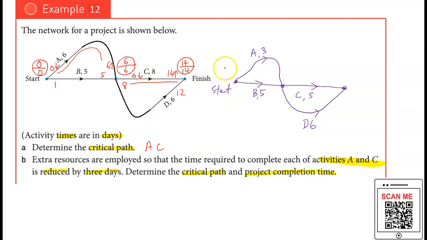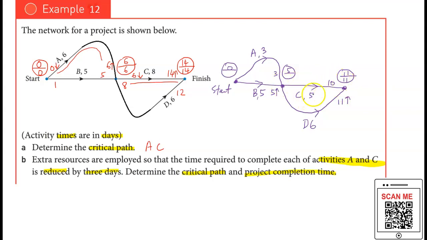Same process, I'm going to find the critical path. I'll start with 0. 0 plus 3 is 3 here. 0 plus 5 is 5. For EST, I always go for the highest value, so it's 5. Then 5 plus 5 is 10, and 5 plus 6 is 11. Which value would I go for? I go for 11. For LST, bring down the same value as your EST and then go backward.